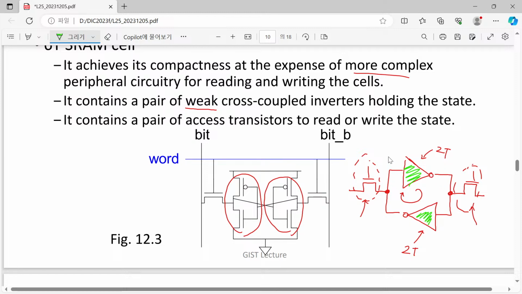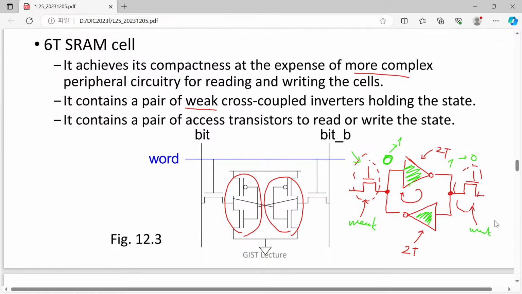So if you have 0 and 1, and they are so strong, this will be kept forever. Even though you try to disrupt this information, from 0 to 1 or 1 to 0, if the access transistors are relatively weak compared with the inverters, it cannot be changed.